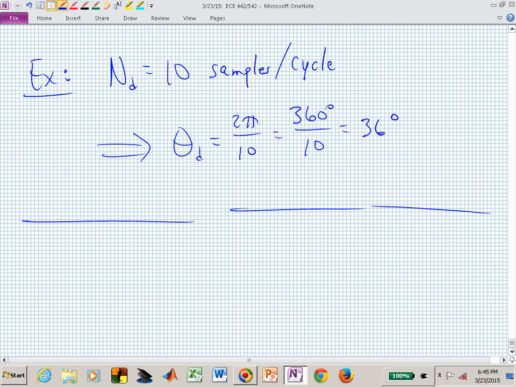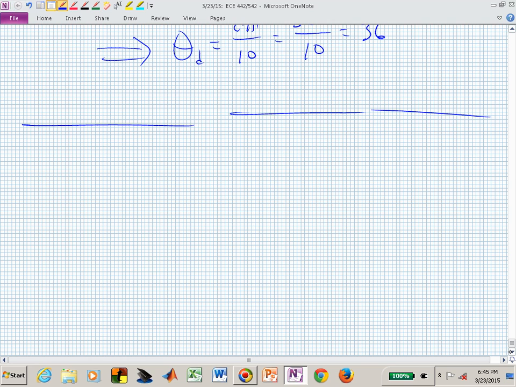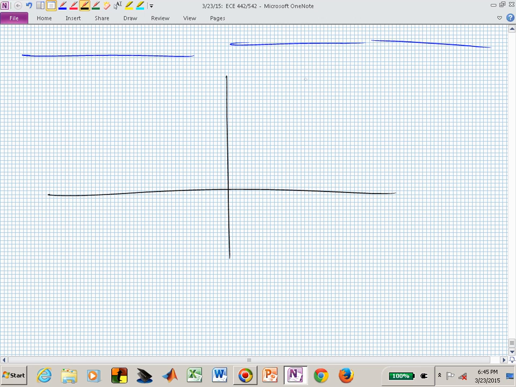But if I give you 3 design specifications, settling time, what's that give you in the z-plane? If this is now the z-plane, settling time translates into what picture? Radius. So now we have that.